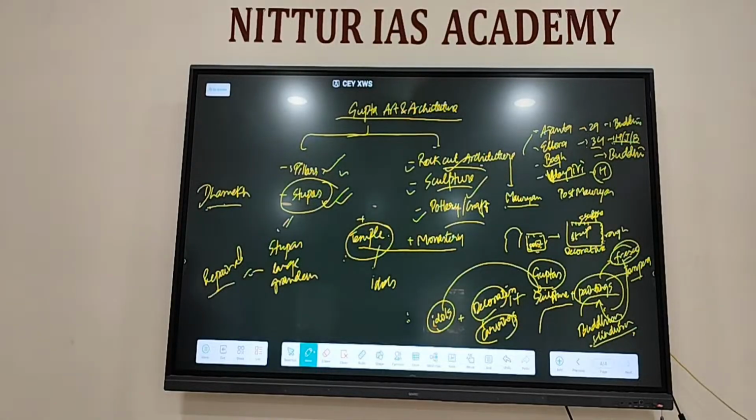Rock cut architecture of the Gupta period. The Gupta period saw the flourishing of the emergence of Mahayana Buddhism and Buddha in human form, and the emergence of cave temples.